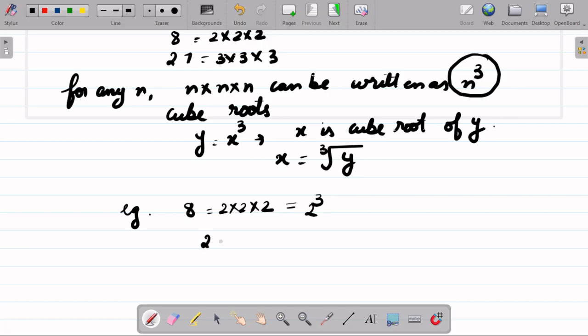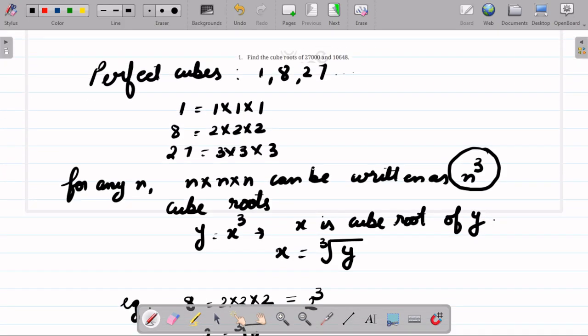So 2 is the cube root of 8. We will find the cube root of certain numbers, and we'll again use the prime factorization method. So these basic concepts are clear.